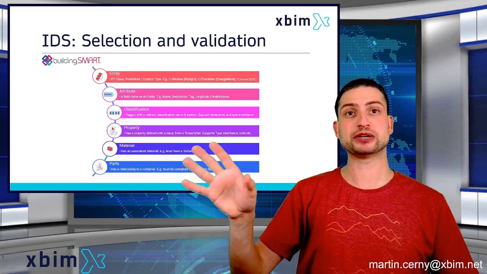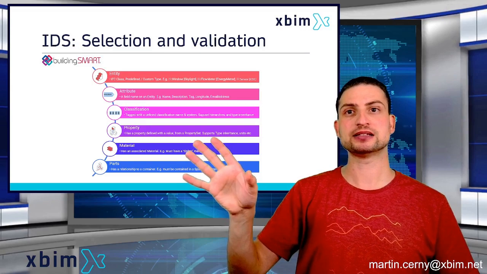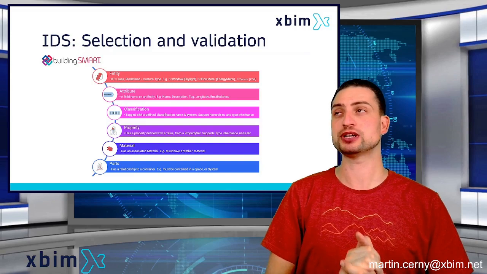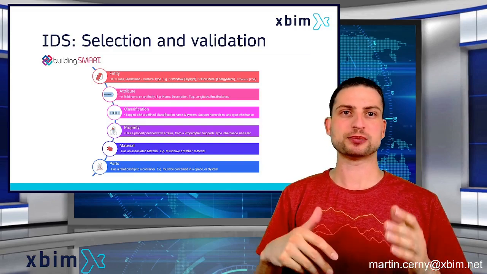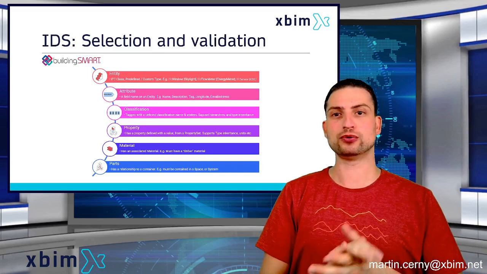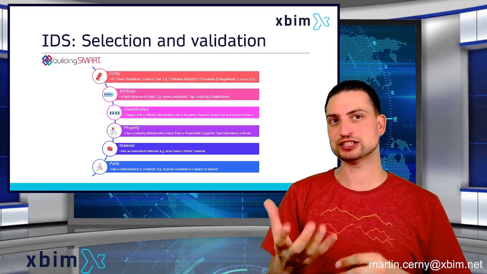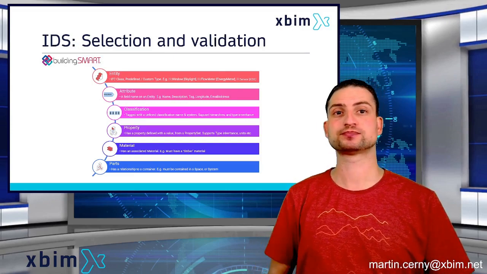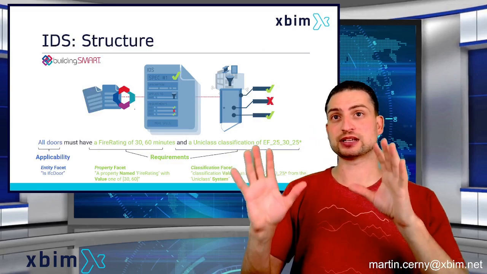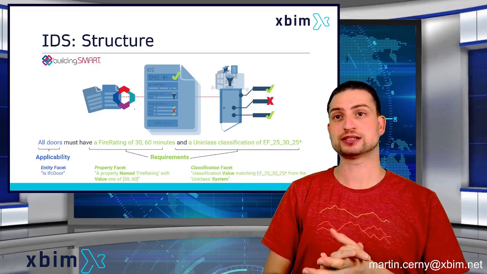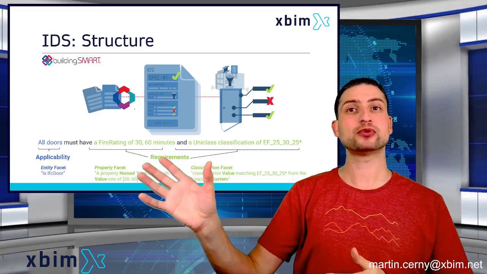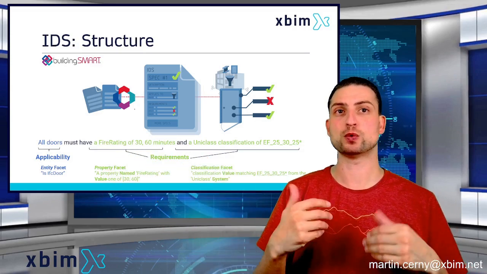You can use material to select and validate, and you can use the parts type of query, which is used for conceptual relations like the door is part of the wall or the chair is actually in a space, and that kind of queries. So as I said, this is the structure of IDS. The applicability is actually your selection part. And then requirements are things you actually want to verify.